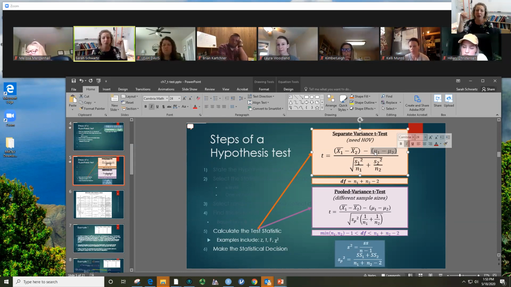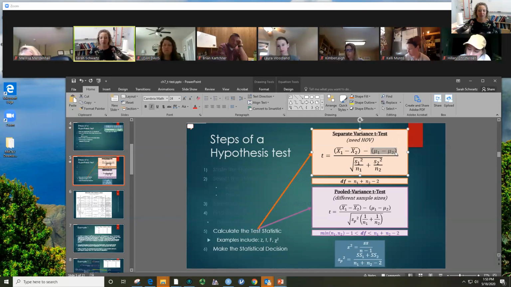You can do other options, but it's very, very rare. Almost always the two sample test has a null hypothesis that there is no difference. So mu1 minus mu2 is 0. That's why sometimes you'll see the formulas missing this part, because what happens when you subtract 0? Nothing. So often this part is left off a formula because it's 0.